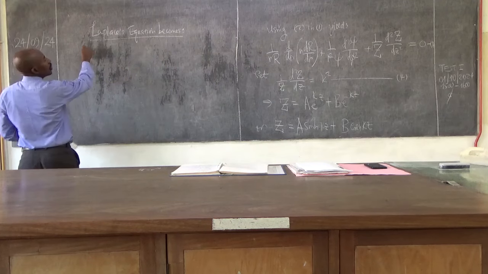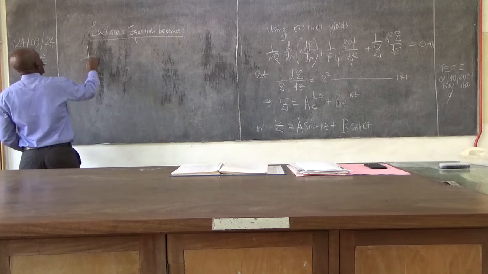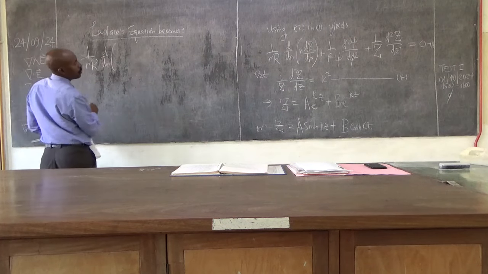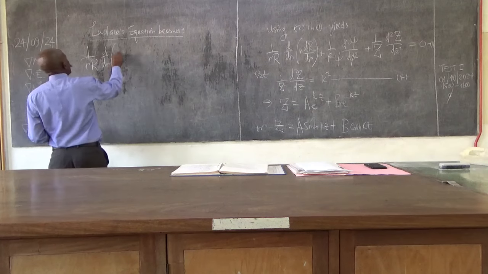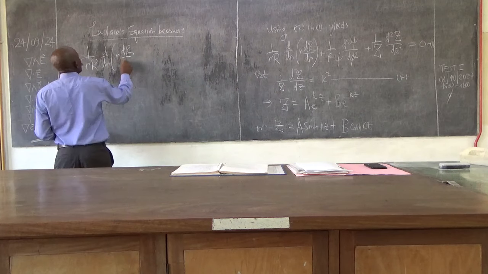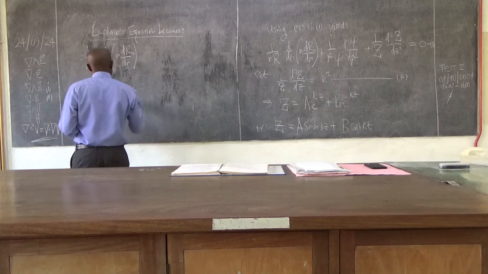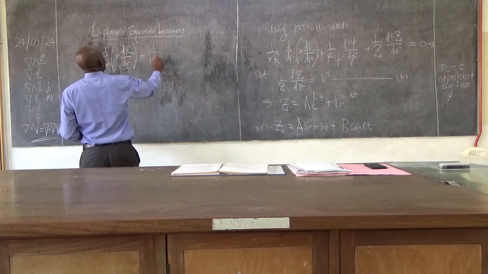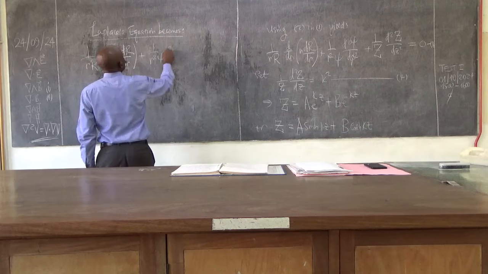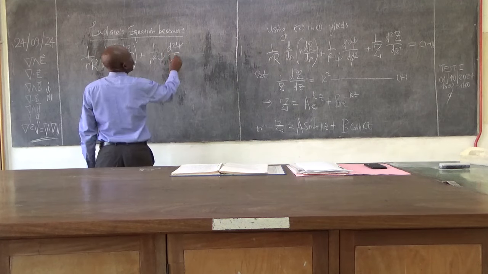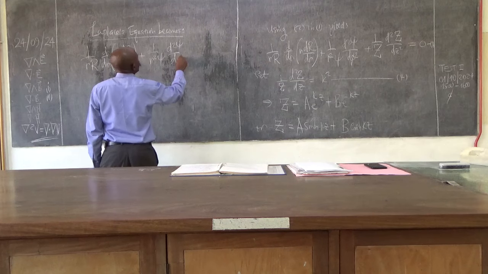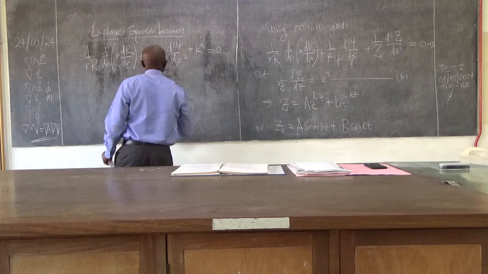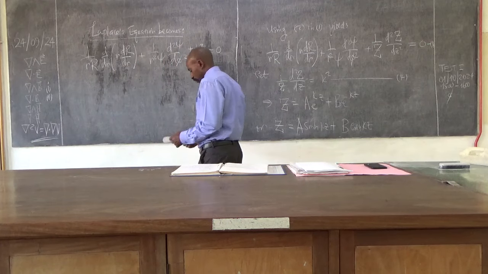So we would have 1 over R, d/dr in r dR/dr, plus 1 over r squared psi, d squared psi by d phi squared, and we are having the k squared equal to 0.